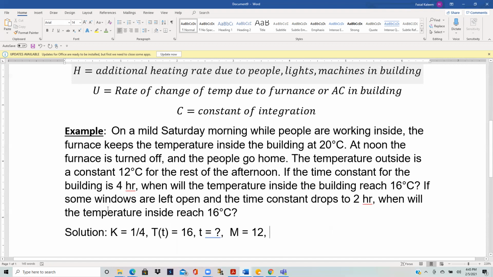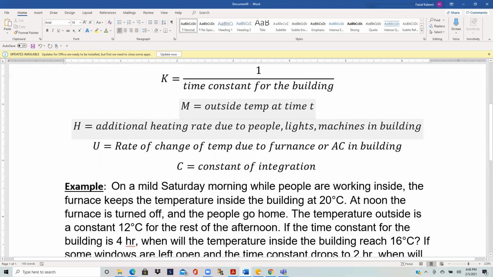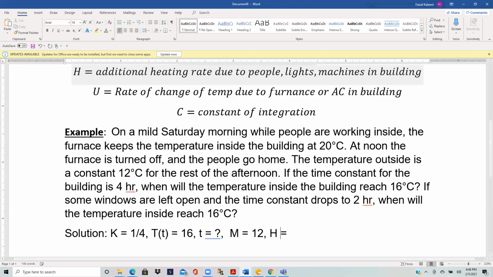So the additional heating rate is 0 because they simply don't give it to us. If they don't give that, then we can ignore that. So H is 0 in this case.